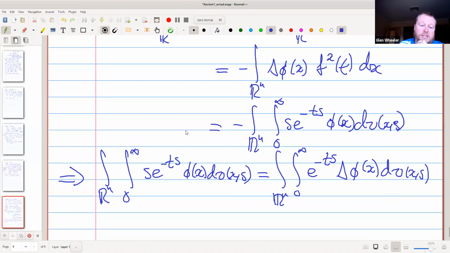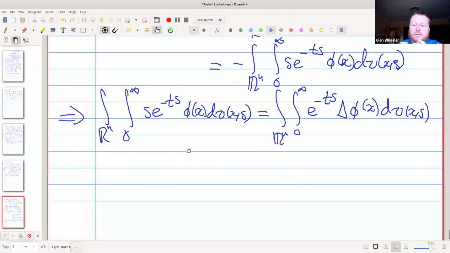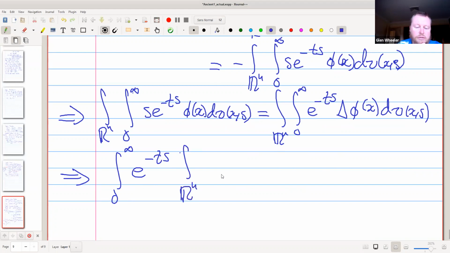All right, but that's great, right? Because that's again a Laplace transform of something. So this is the integral 0 to infinity, e^(-ts), and then you've got the integral over Rn, Laplace phi minus s.